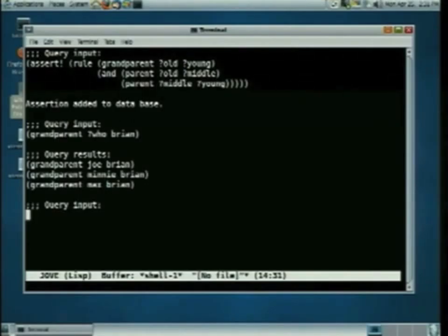Okay, so the important thing to note here is that I didn't tell the system explicitly that I have a Grandpa Joe and a Grandma Minnie and a Grandpa Max. The system inferred that, derived that, from information that it had about parenthood plus this rule.